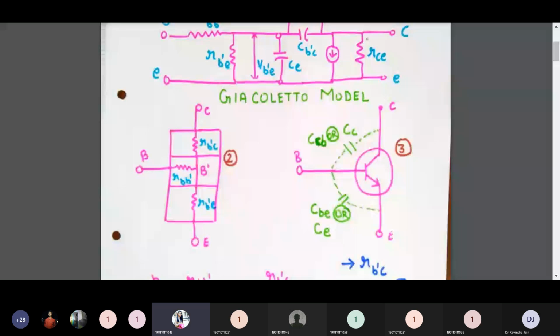Sir, the capacitance which is used to transport charges from one terminal to another.